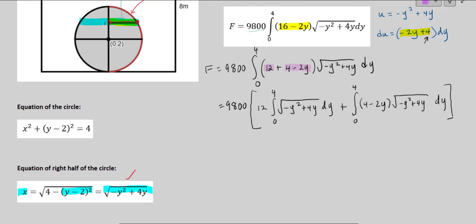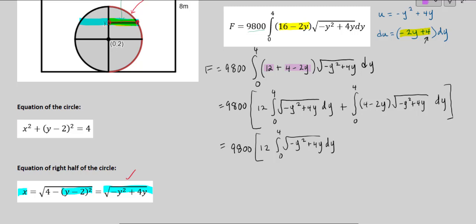Let's focus on the u substitution part for a minute. Let's just leave this first part alone. So we're going to leave this as is. Note that this integral is not computable by normal means.